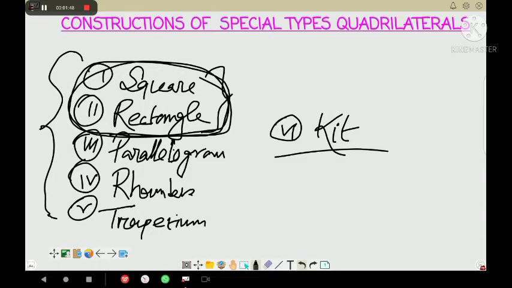If you need the basic concept of these special types of quadrilateral, you can follow my previous video. The link is given in my description box.